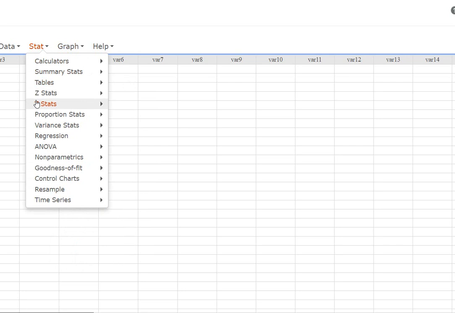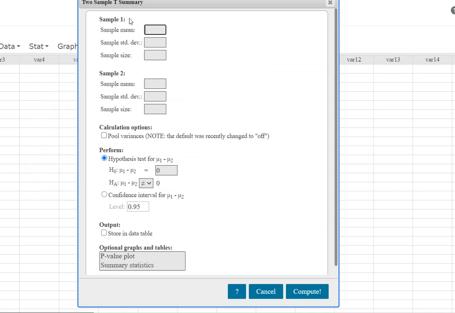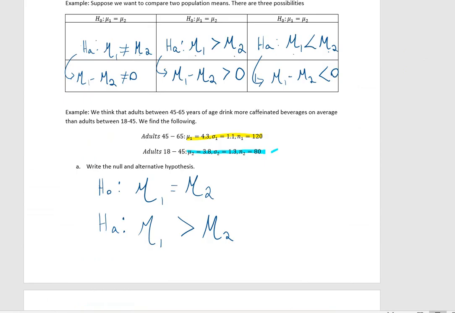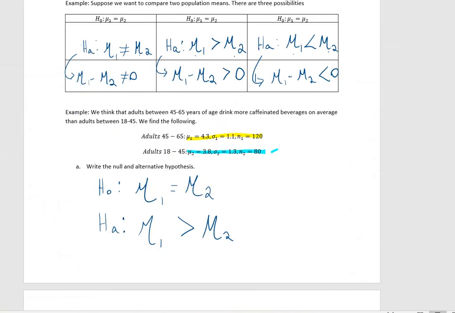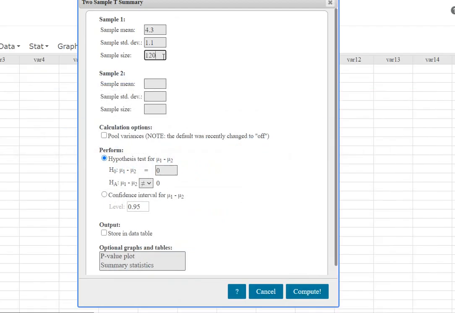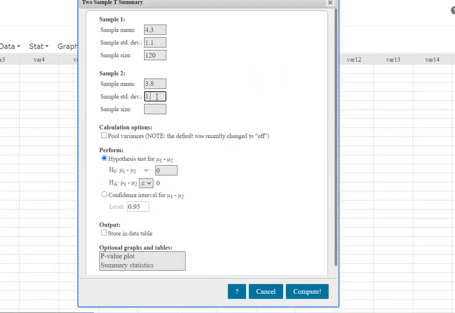We're going to go Stat, T Statistics, but now we're looking at two samples with a summary. So sample 1, that would be our mu1, and we have 4.3, 1.1, and our sample size was 120. For our second sample, we had 3.8, 1.3, and 80.